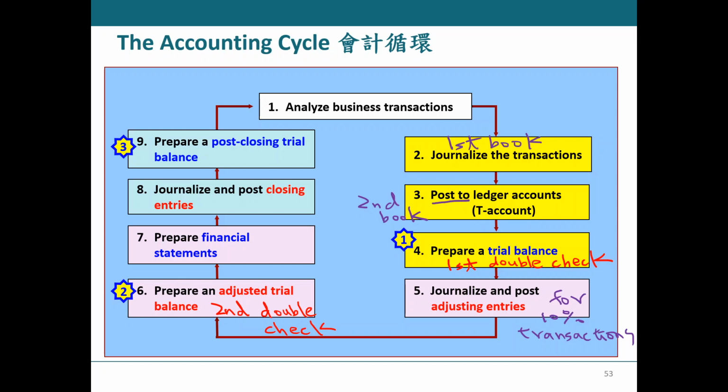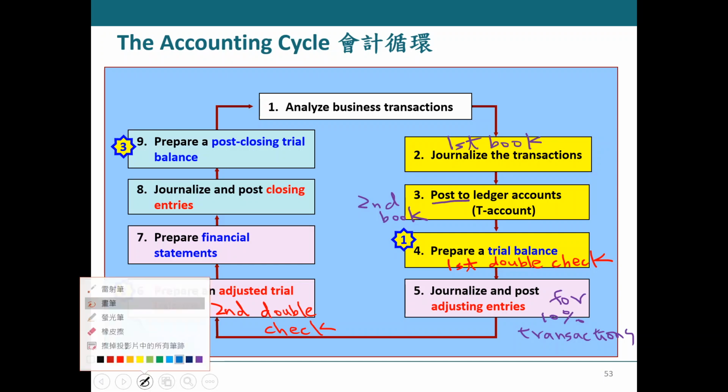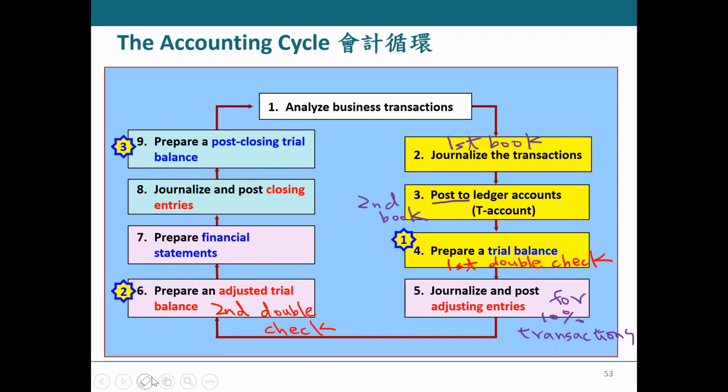After that, we got all the numbers 100% correct, right? So we got all the numbers 100% correct after you've done the second time double check, from your adjusted trial balance. This is your 100% of transactions.